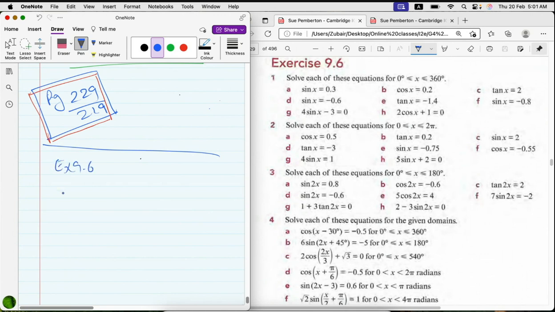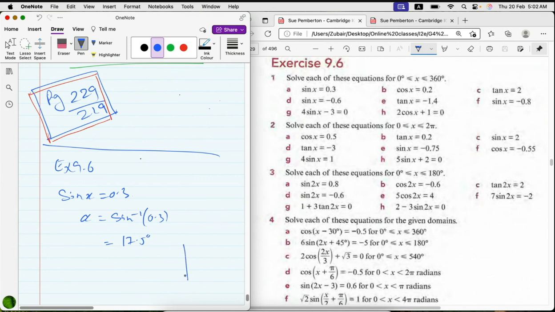So 9.6, solve each of them. Sin x is equal to 0.3. Solving from 0 to 360, making sure the calculator is in degree mode. Basic angle is sine inverse of 0.3. I'm getting 17.5.